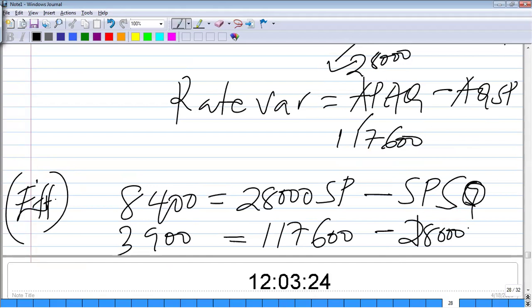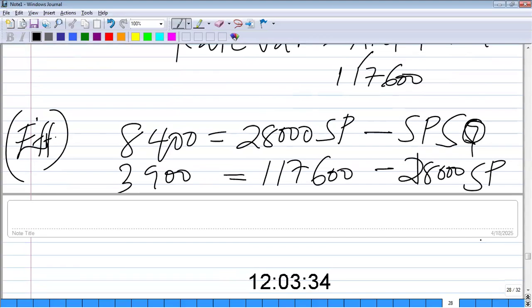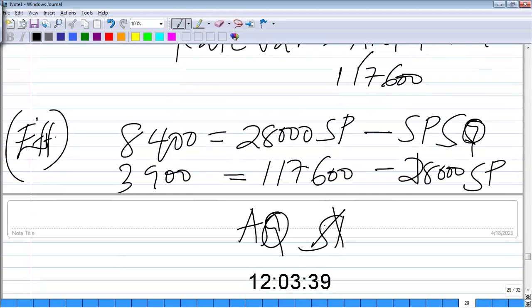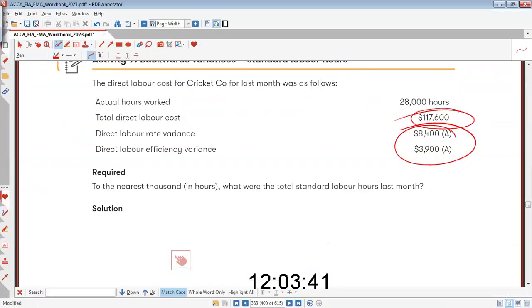AQ, SP. We don't have the actual price. We have AQ, SP, AQ, AP. Remember this, that is the same as AQ, AP.